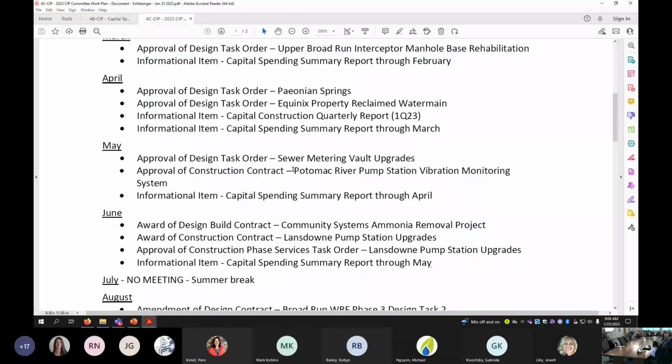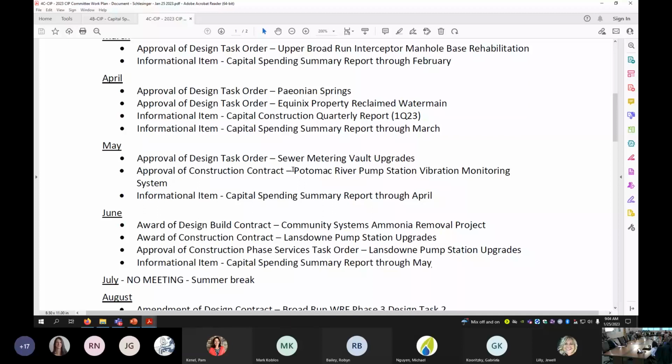But to protect the assets, we're installing additional vibration sensors on the bottom of the pumps so that we can identify if it's going out of the norm in terms of vibration, and we can act faster to protect the asset and avoid more serious repairs. It's not just for that one pump, this is for the whole station. It's 4 pumps, yeah.